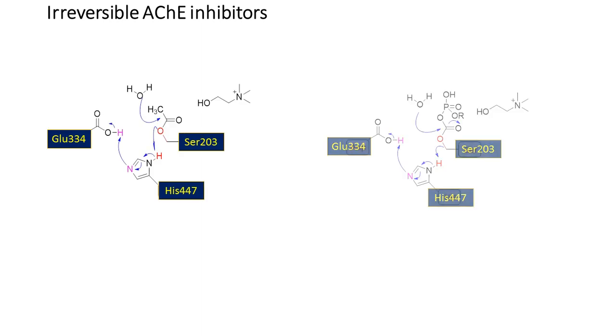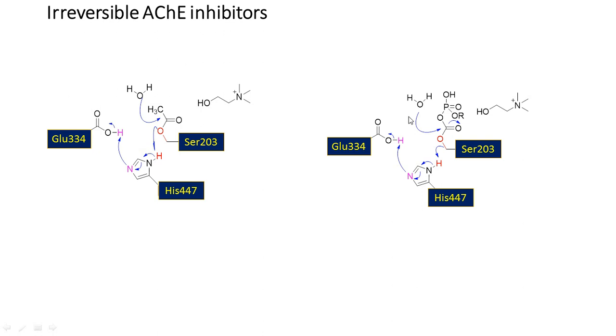Now let's see a little bit about irreversible acetylcholinesterase enzyme inhibition. Irreversible means it causes almost complete inactivation of acetylcholinesterase enzyme. How does it happen? Let's see. So this is the difference. Instead of acetyl, let's say it is esterified onto a phosphoric acid ester, which is relatively stronger as far as its stability is concerned.